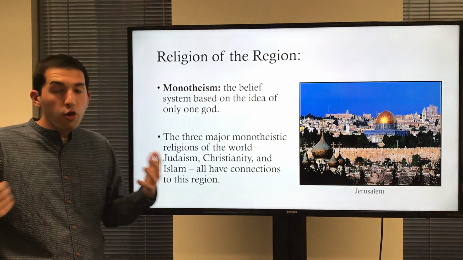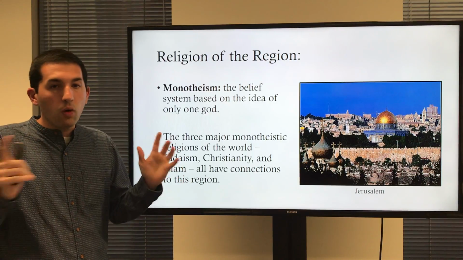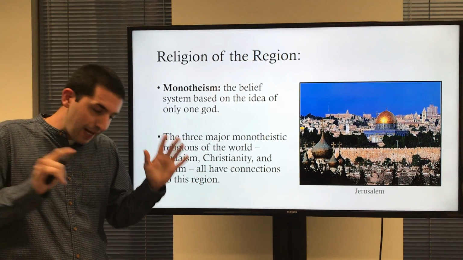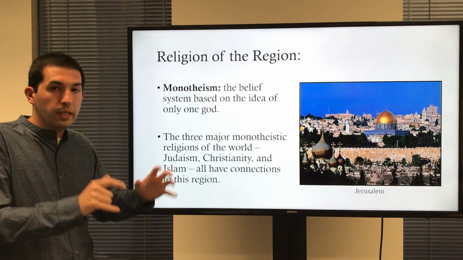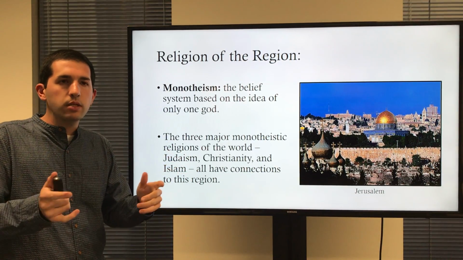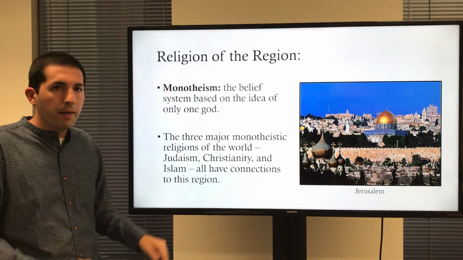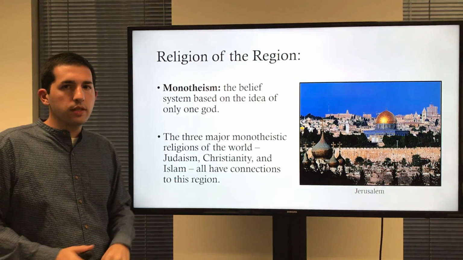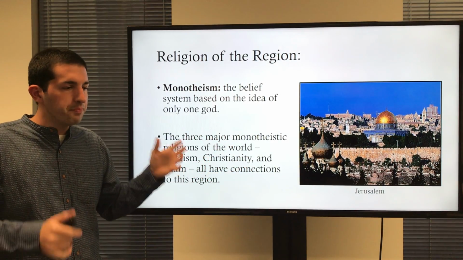Here we go. Monotheism, mono being one, the belief system based on the idea of only one God. Kind of important because the three major monotheistic religions of the world, three major one-God belief systems, Christianity, Judaism, and Islam, all have connections to this region, specifically the city of Jerusalem itself, a city in Israel.